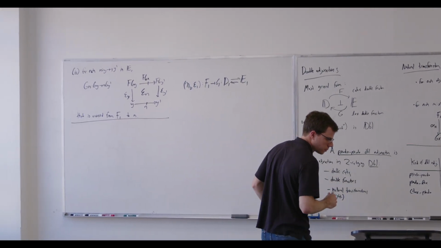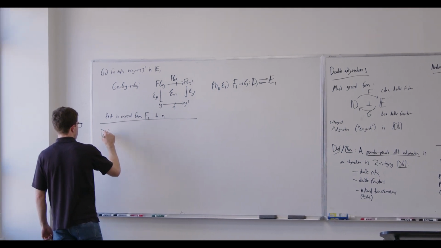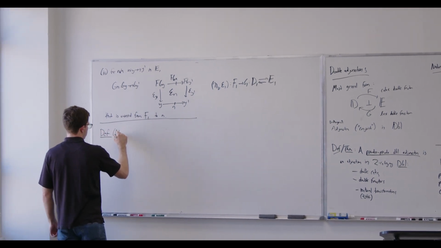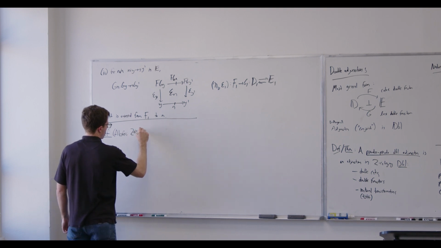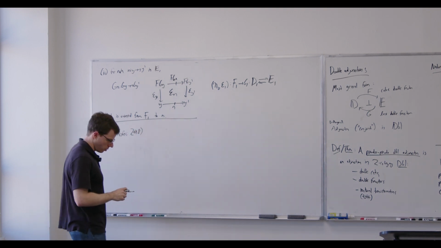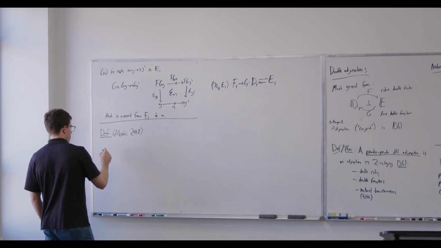Okay, so with that, this definition is due to Alice Berry in her PhD thesis, which was building on earlier work on limits in double categories by Grandis and Paré.